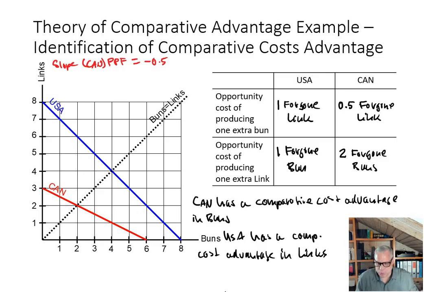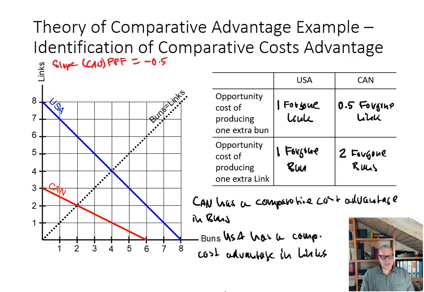But if you work with such models more often, you just can immediately tell from looking at the PPF that because Canada's PPF is flatter than the United States PPF, then we can immediately say that Canada has a comparative advantage in buns and the United States has a comparative advantage in links.